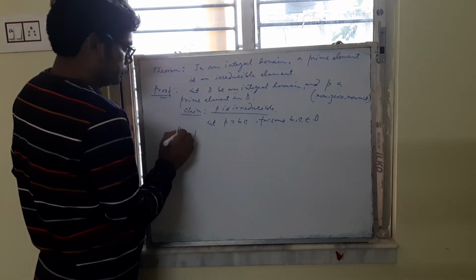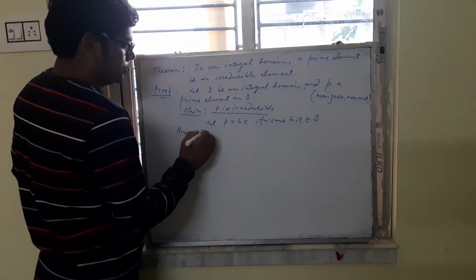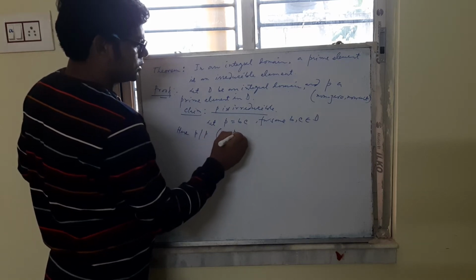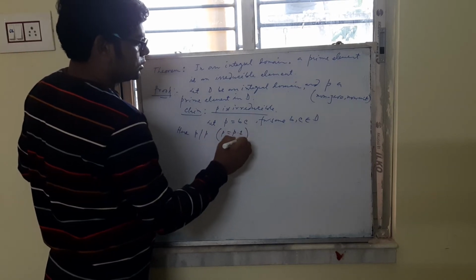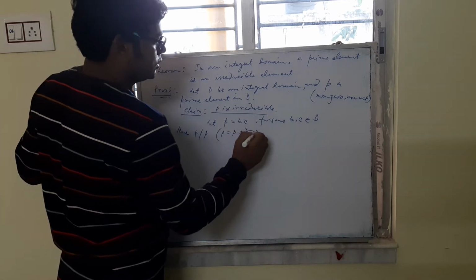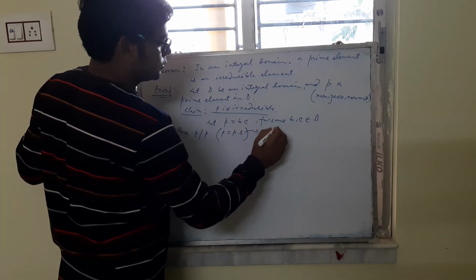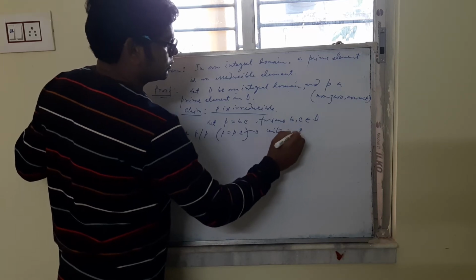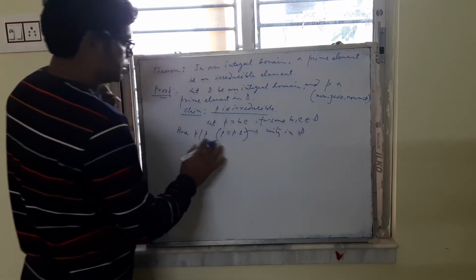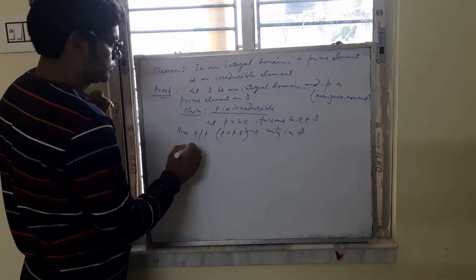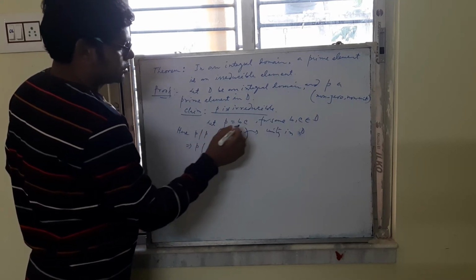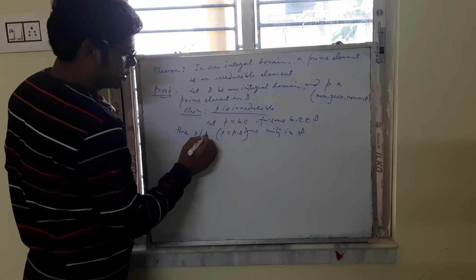Here, P divides B. We can write this as P can be written as P times 1, where 1 is the unity in D. So this can be written as P divides, and now we put BC in place of P on the right.